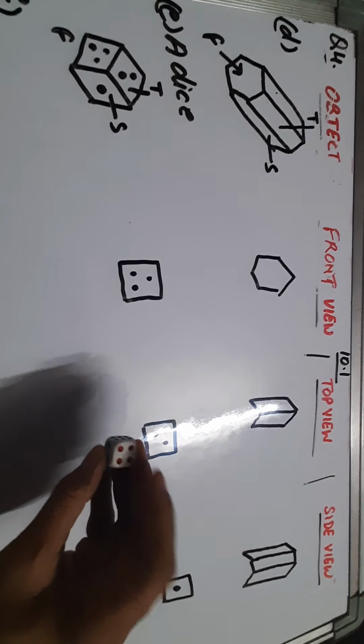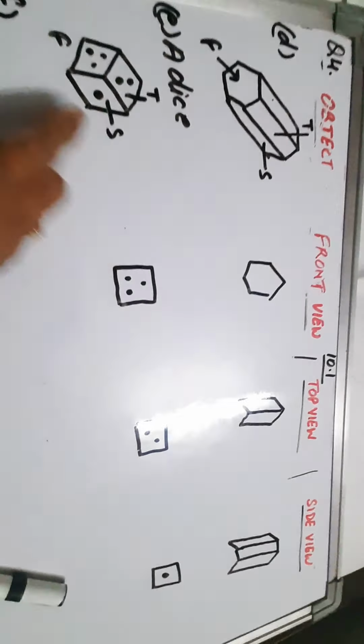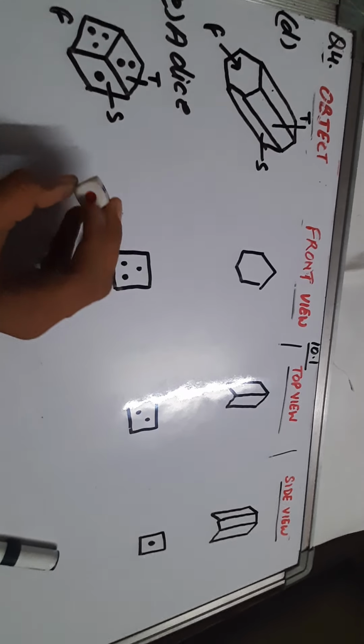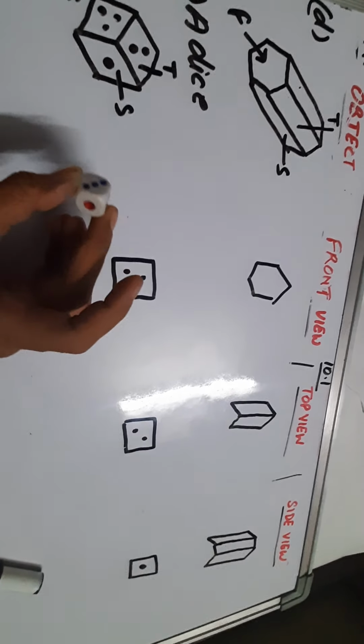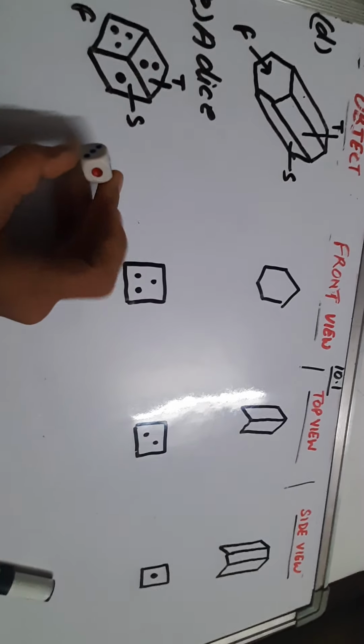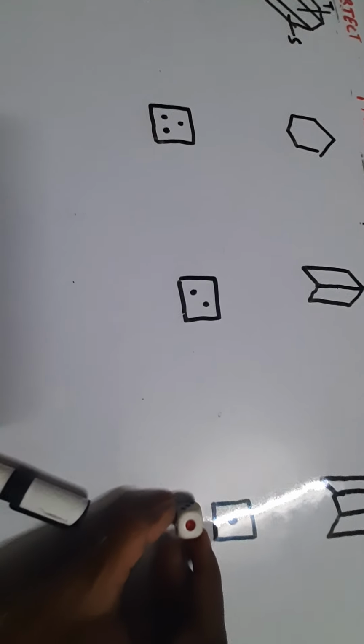Then side view carries 3 dots. So this is the front, because when we are looking at this, the figure will be like this. We have these 3 faces shown, as you can see. So for the side view, this face is there. So again, it is square in shape with a dot. So I hope it is clear to you.